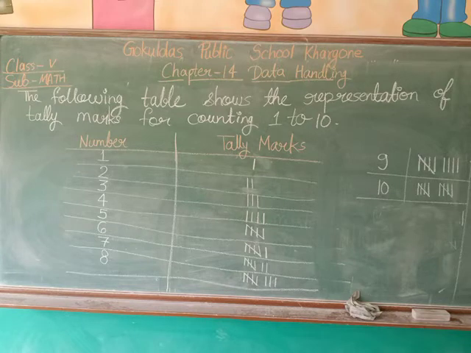What are tally marks? Tally marks are used to represent counting. Basically we use them in games or sports to represent scoreboards. Why do we use tally marks? Because they are easy to represent counting.